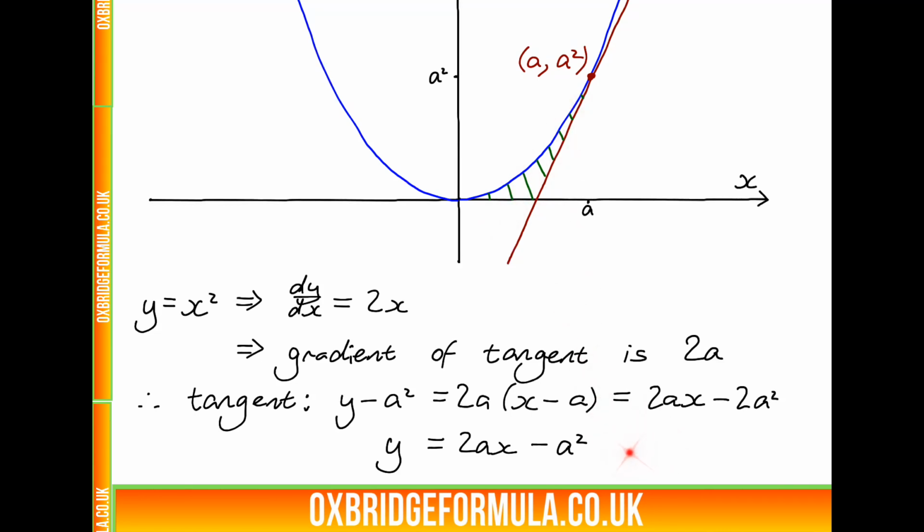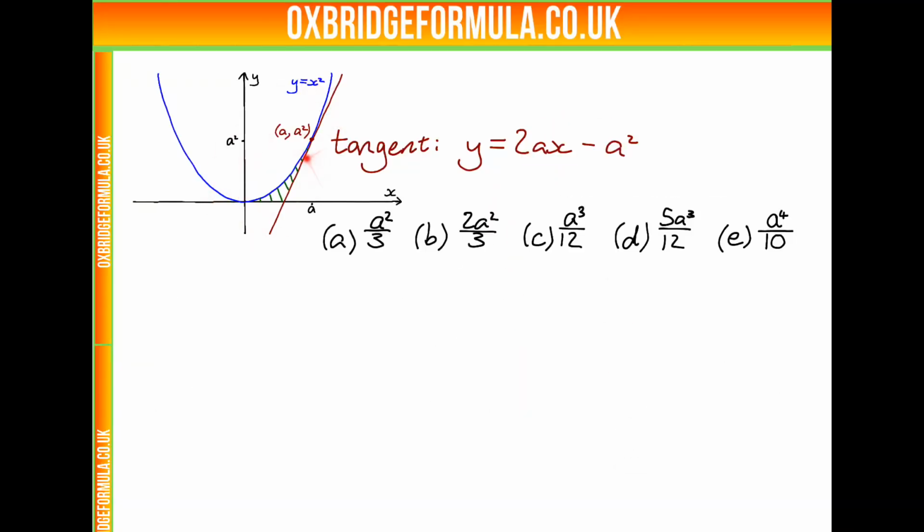Okay, let's move on to a new page and try to find the area of that region. Right, so we have our sketch of the situation, and we have the equation of the tangent, and we have our 5 options, one of which will be the area of this green region. So how can we now try to evaluate this area? Well, we know the equation of the tangent line, and we know the equation of the parabola.